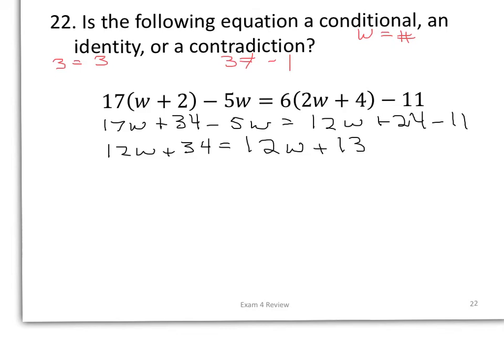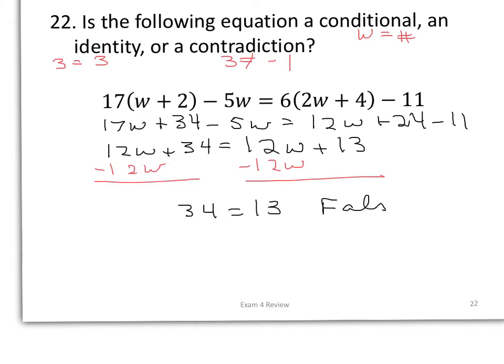Okay, now I can already tell you that this is a contradiction. Notice that you have 12w on both sides. Let's subtract 12w. So if you subtract 12w from both sides, you end up with 34 equals 13. And that's false. So that means you have a contradiction.